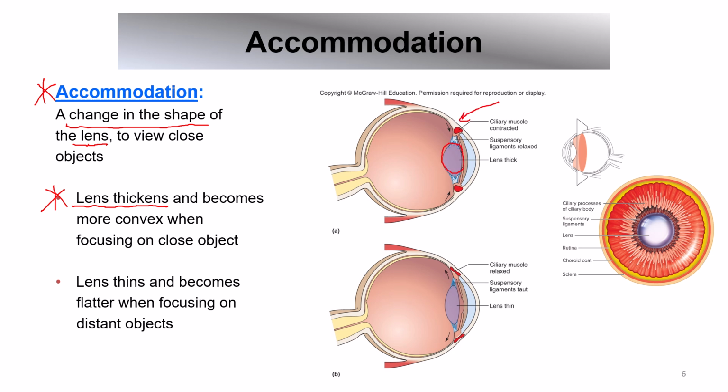So this happens, more convex, when looking at close objects. Versus the lens stretches, thins, which we see on the second picture, becomes flatter when focusing on distant objects. And so here the lens is able to change its shape because the ciliary muscle is actually pulling on the lens.